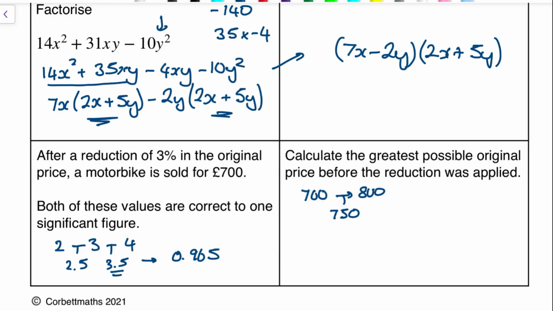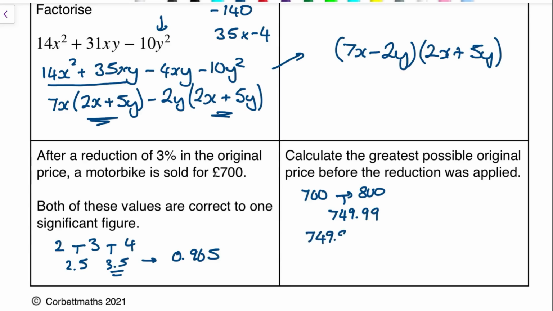Now, this is an interesting one because pounds and pence are technically discrete. So really, I should actually not have 750. I should have the number that's the smallest number below, which is £749.99. I wonder whether the mark scheme would have allowed both, because pounds, whilst discrete, they're very, very small units. But I'm going to stick with that because I think that's technically the right way of doing it.